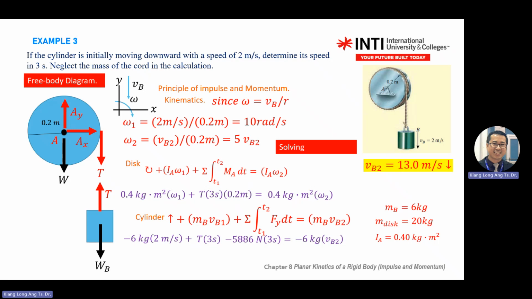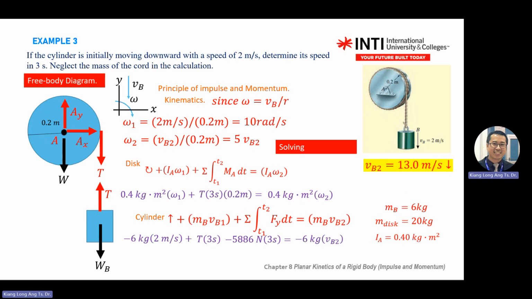Okay, solve simultaneous equation. So maybe you can try substituting T equal to WB, and then you see whether you get this answer.